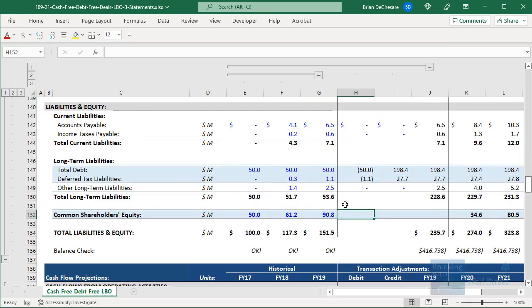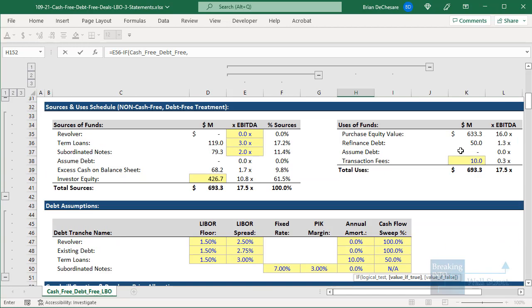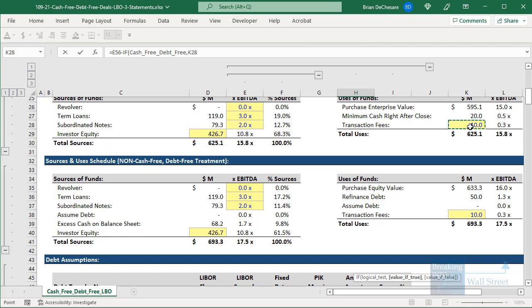And then finally, for the common shareholders' equity, let's go up and start by writing down the seller's common book value, or their common shareholders' equity, because that always happens regardless of the deal type. Then I'll do a subtraction and check the deal type. If it's a cash-free, debt-free deal, then we need to get cell K28 right here, the transaction fees. If it's not, then we just take the transaction fees from this other sources and uses schedule.